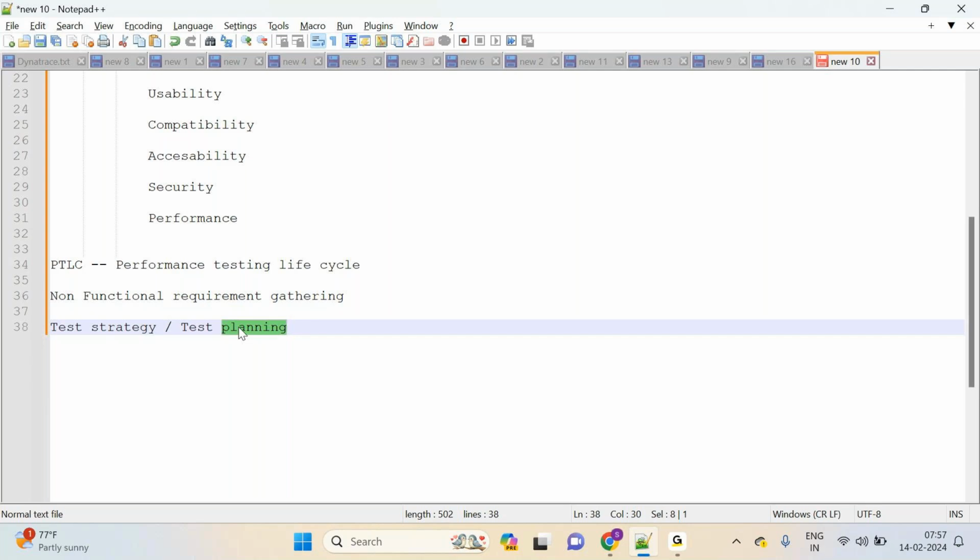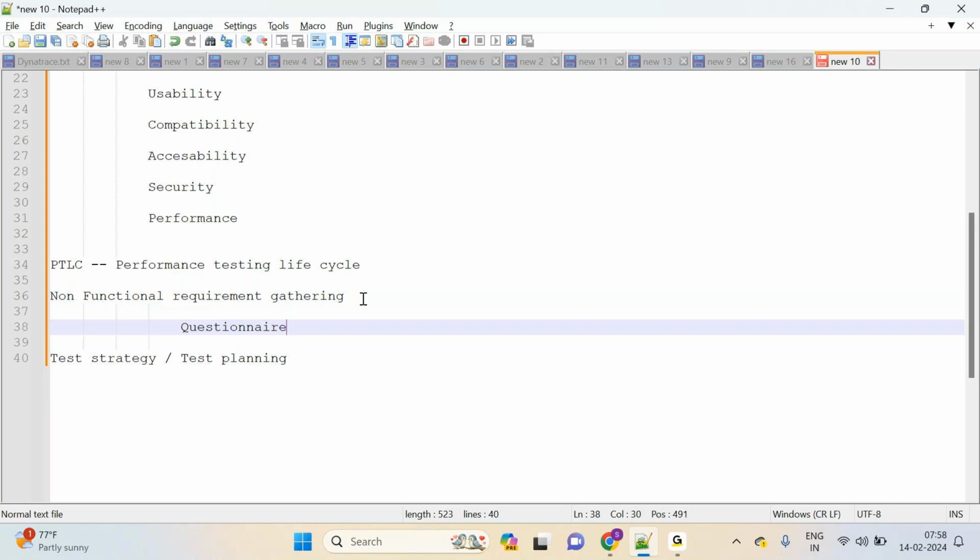Okay, first step is actually collecting the non-functional requirement document. In certain organizations, for this non-functional requirement document, they share a questionnaire document with the customer. Inside that you will have certain questions.